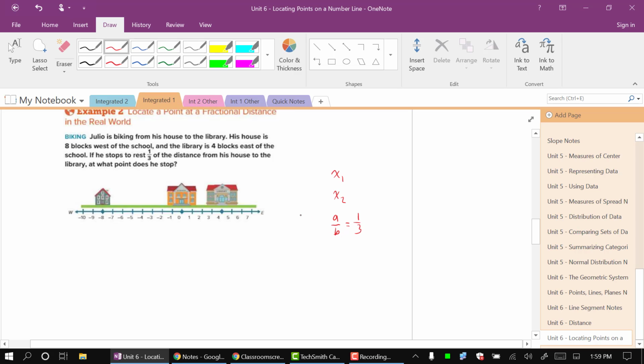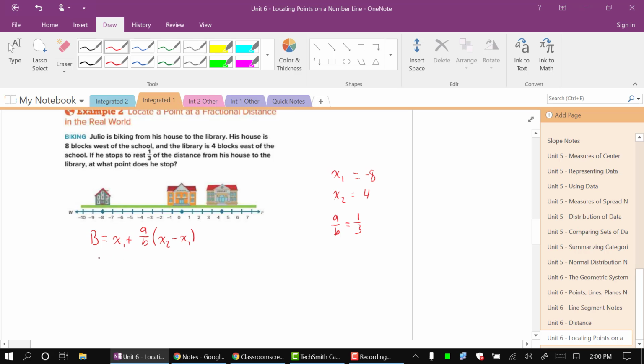Our x1 is going to be -8, that's his house. Our x2 is going to be right here at 4. So our formula to figure out where he stops is B equals x1 plus a over b times x2 minus x1.